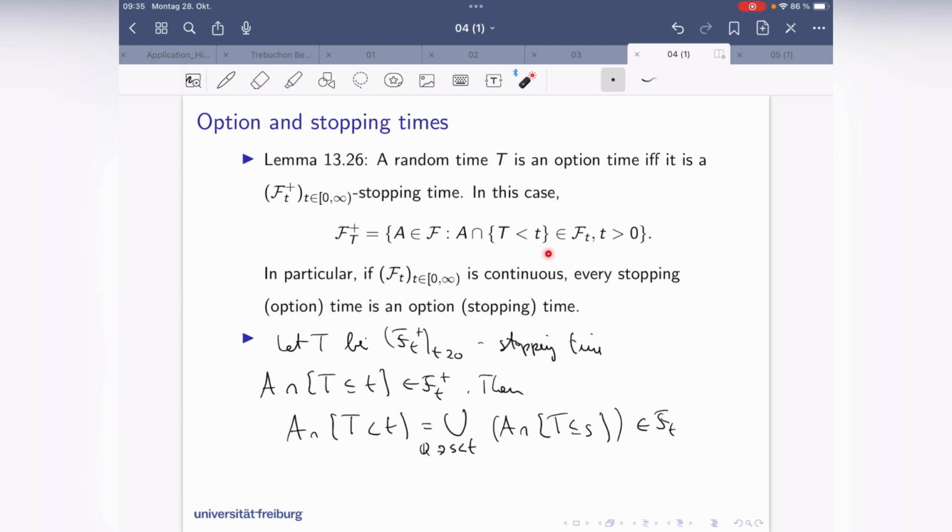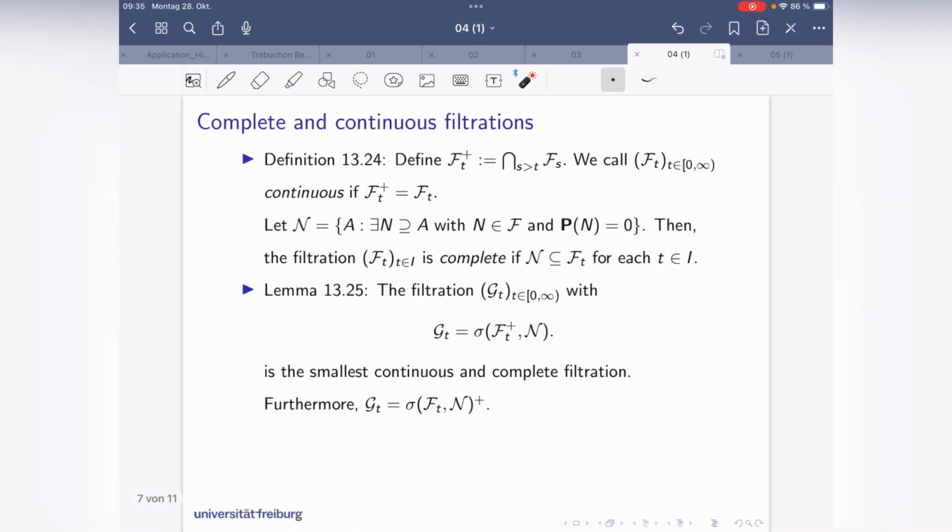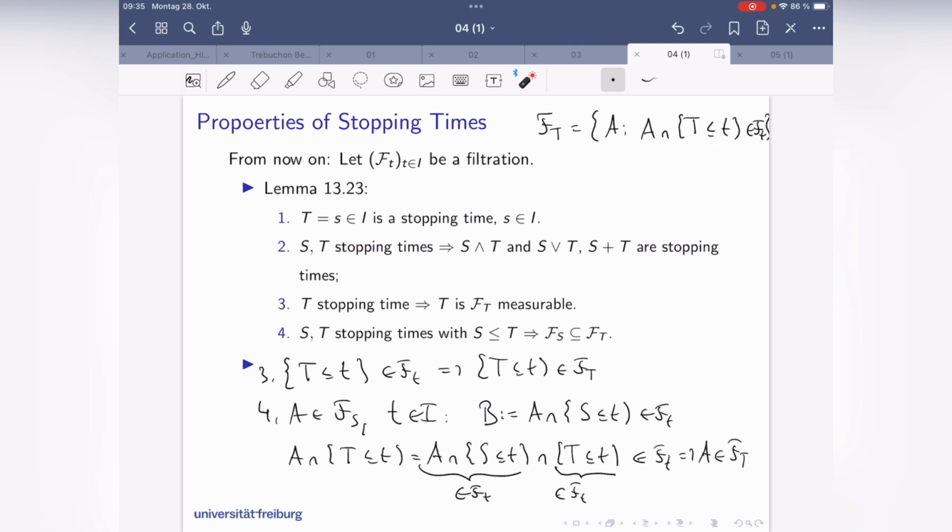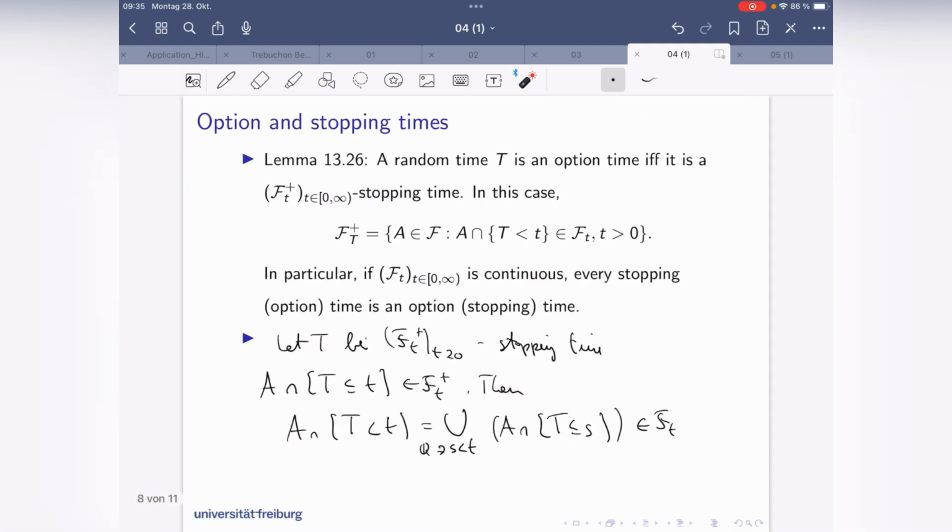So Ft plus equals this. That's what we want to show. Ft plus consists of the sets which look a bit ahead of big T. So Ft was defined here, and if we take Ft plus here, that is F big T plus, and that's exactly what I started with.